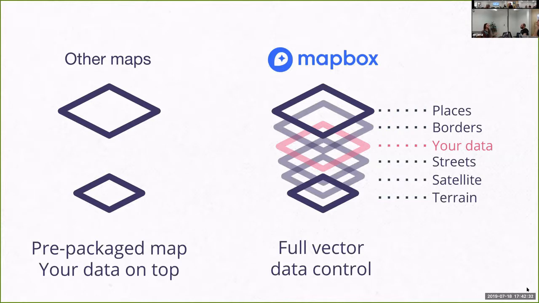Some of the other maps out there, they basically give you a map and they say, yeah, you can drop some pins on top of it, or you can kind of layer your data on top. But what we've really tried to do is give you as much flexibility and as much customizability as possible, so that you can take out the layers that don't matter. You can add in your own layers with your own data, whether that's hosted on our side or hosted on yours, and really make exactly the map that you need.